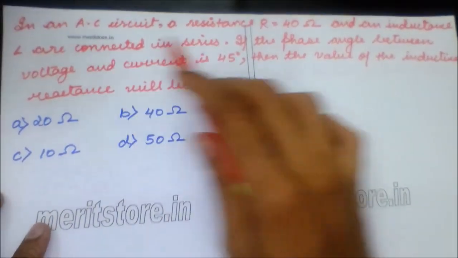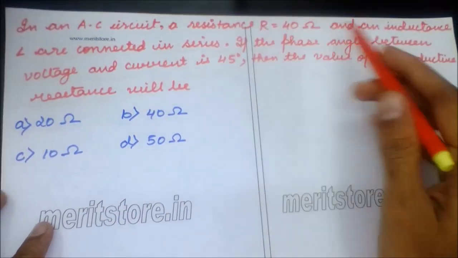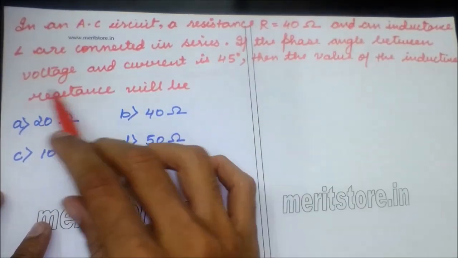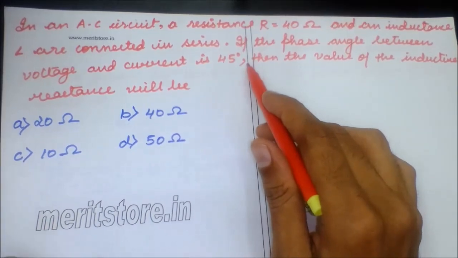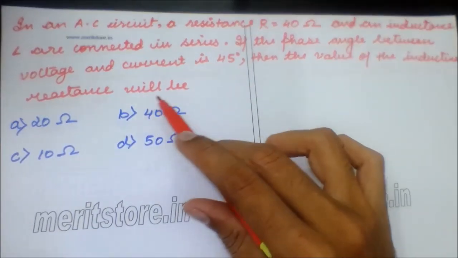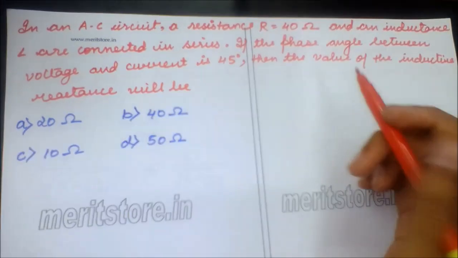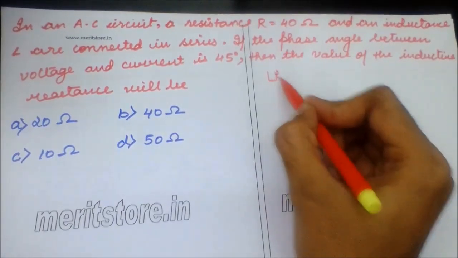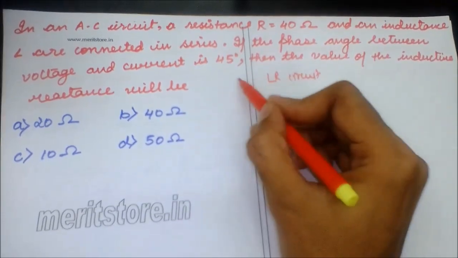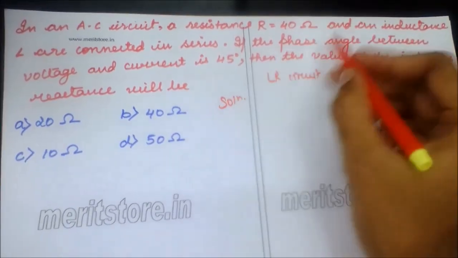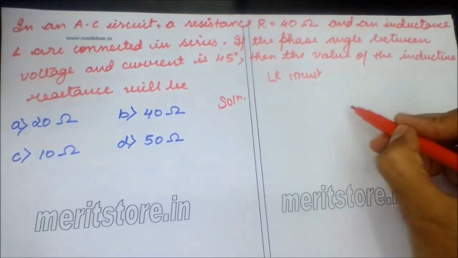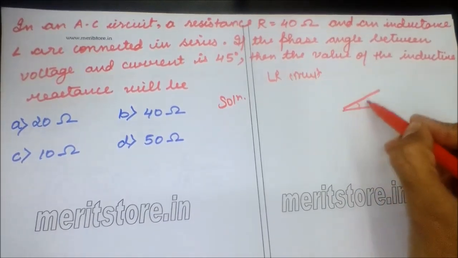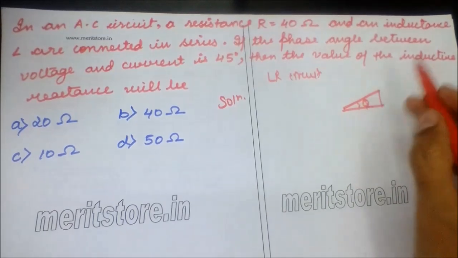Next question. In an AC circuit, a resistance R equals 40 ohms and an inductance L are connected in series. If the phase angle between the voltage and the current is 45 degrees, then the value of the inductive reactance will be. So in the circuit we have a resistance and an inductance. This is an LR circuit, in which there is a phase angle theta between the voltage and the current.